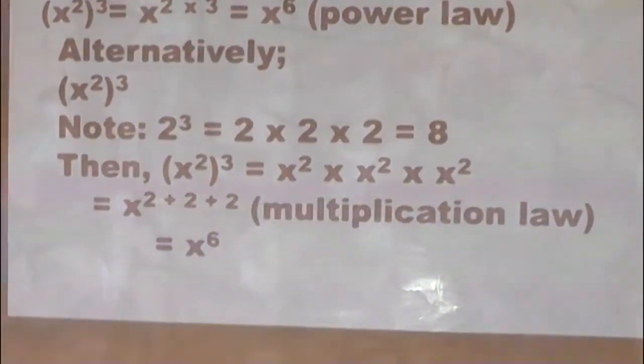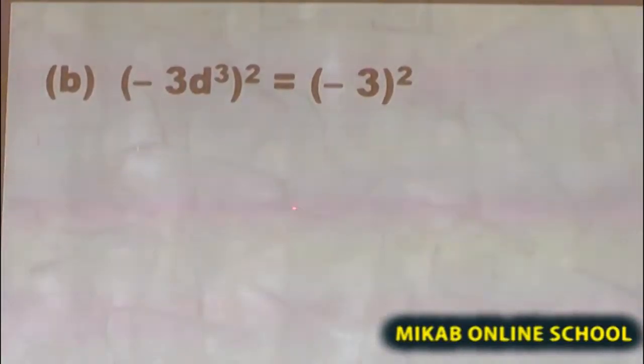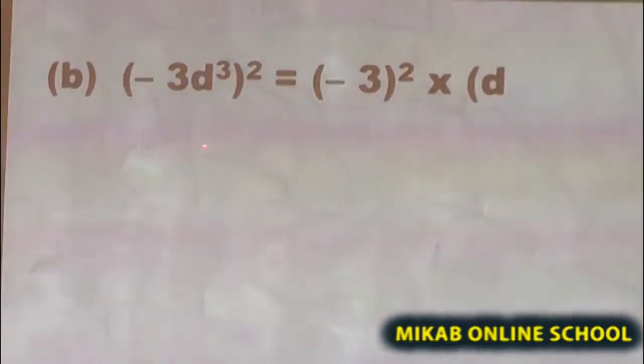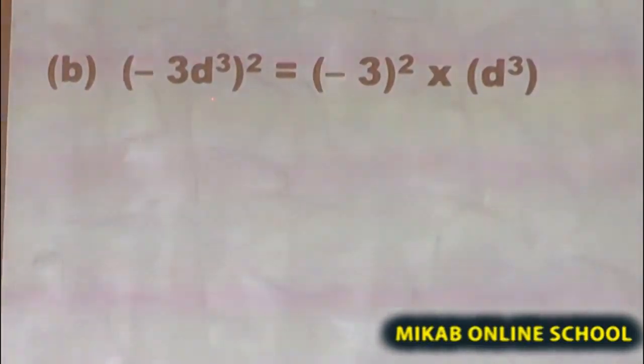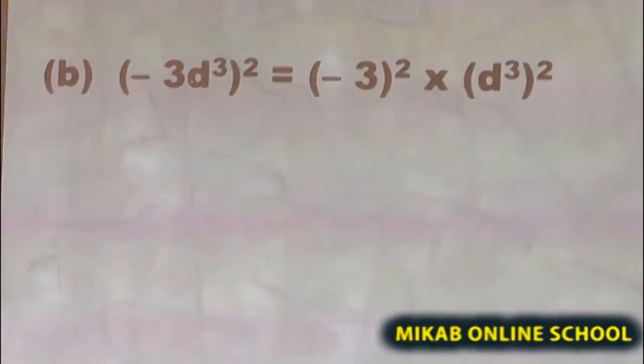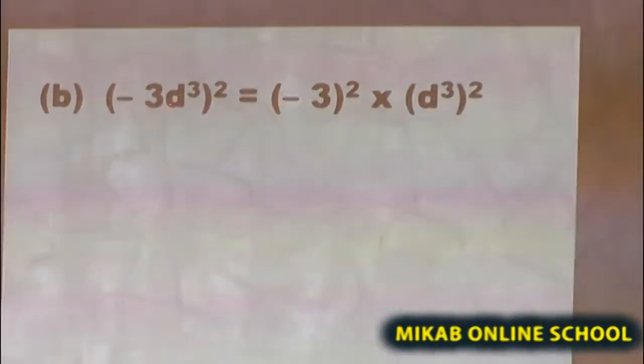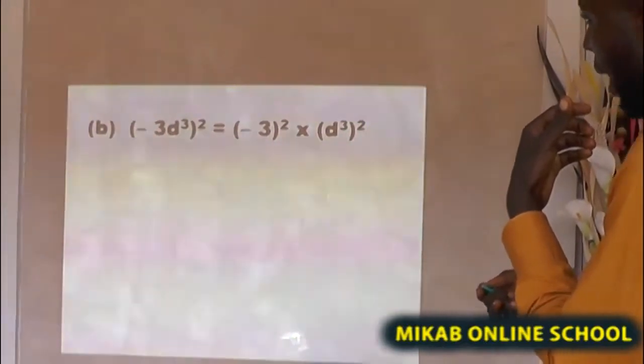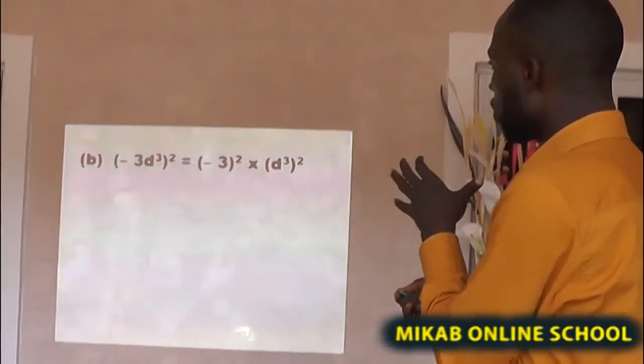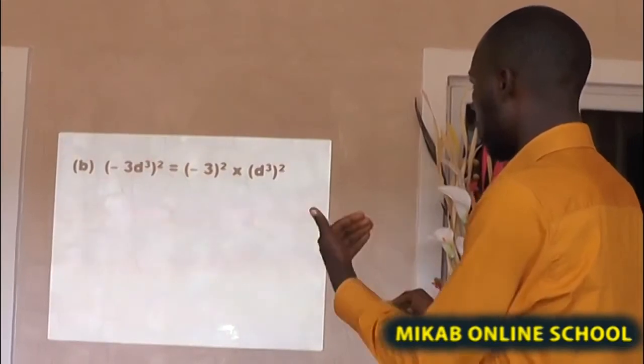We can now proceed to the next question, where we have minus, open bracket, minus 3 d raised to the power of 3, close bracket, all squared, equals, the result of this is this. Recall that I told you in the multiplication law that whenever you are given this mixture of number and alphabet, you separate the two before you solve.